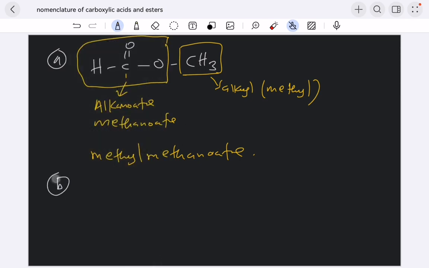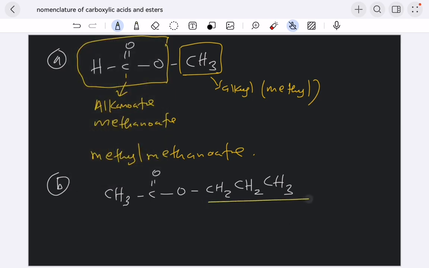Let's look at another example. What of a case where we're given CH3, then we have this, then we have CH2, CH2, CH3.